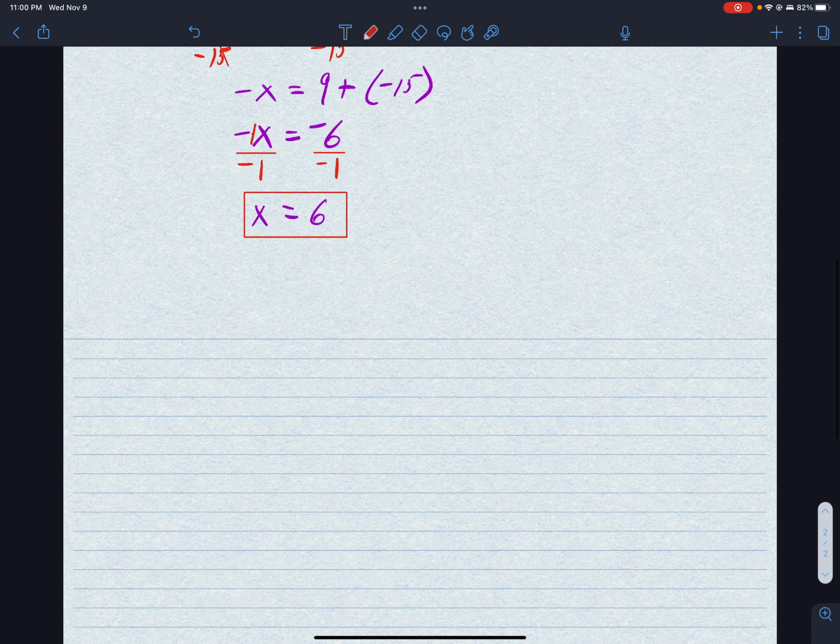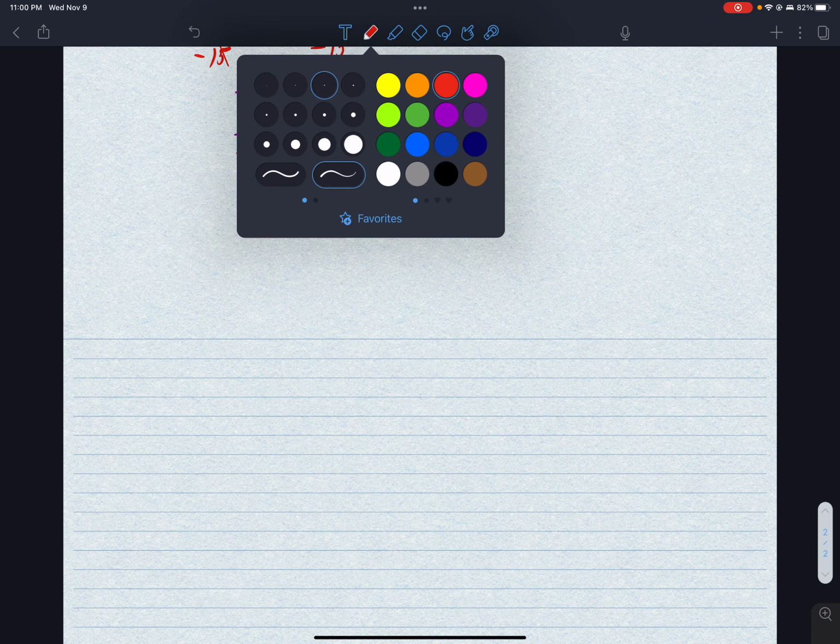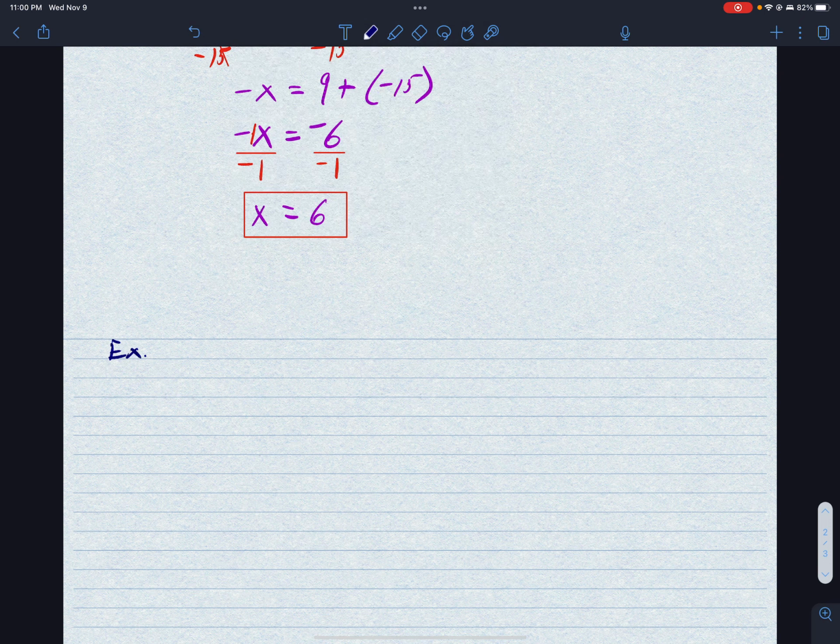The problems in this unit are not so basic. I'm going to call this officially example 1, even though I've already given you 2 examples. The problems in this unit are designed so that you cannot do them so easily just using mental math. Stuff like x plus 1/2 equals 3/4. Now, to be honest with you, this one's not so bad.